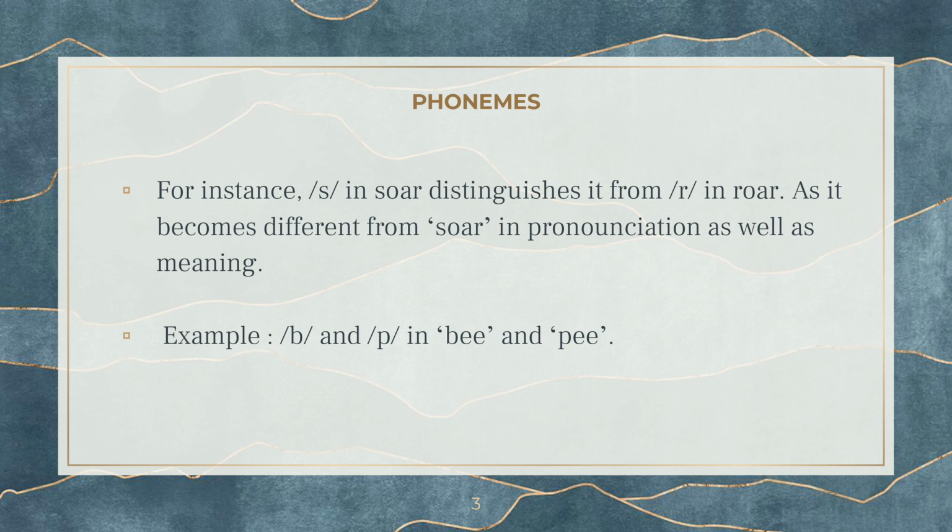For instance, S in soar distinguishes it from R in roar, as it becomes different from soar in its pronunciation as well as meaning. For example, for easier, B and P.